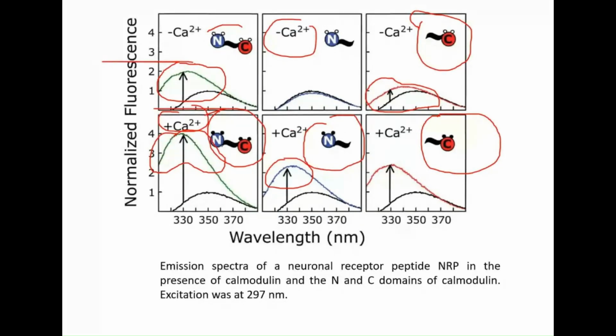Among the N terminal and C terminal, the N terminal is very critical for calcium binding, because in the absence of the N terminal there won't be any emission signal at all.